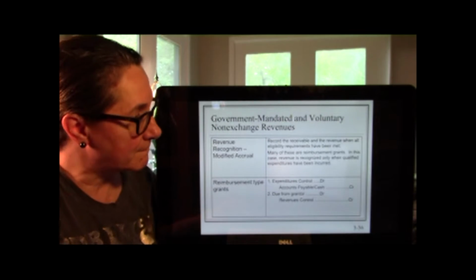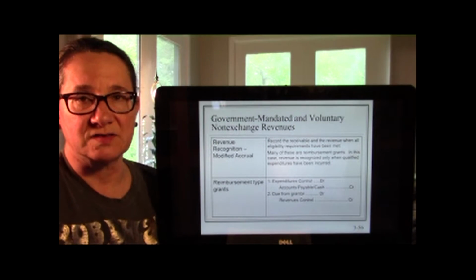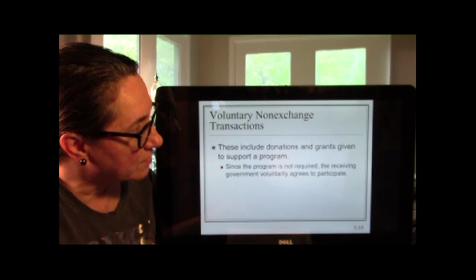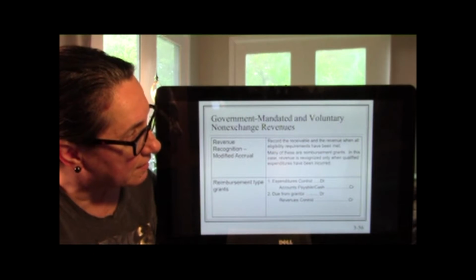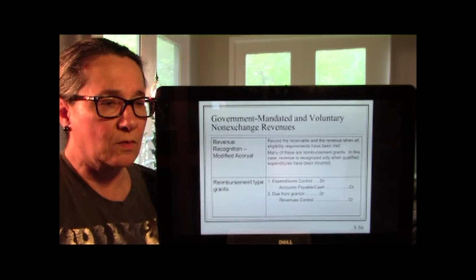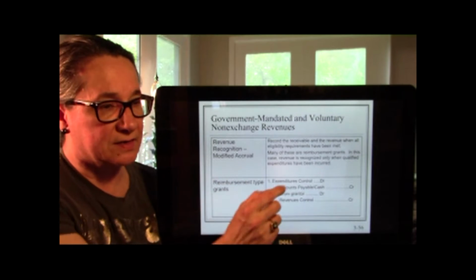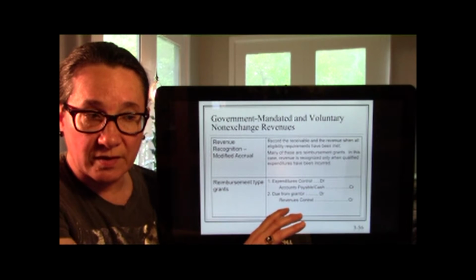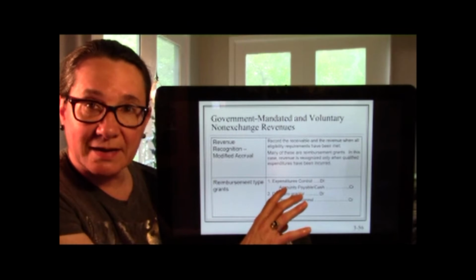Well, you're getting reimbursed after the fact. So they both work the same way, whether it's mandated or voluntary. What you do is you don't get to recognize that revenue until you make that expenditure.